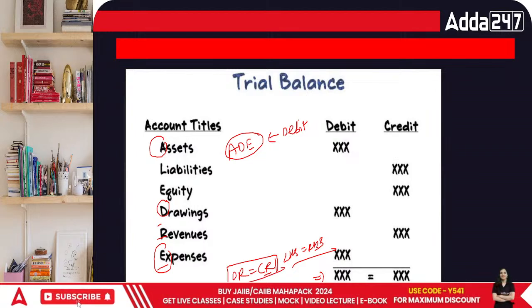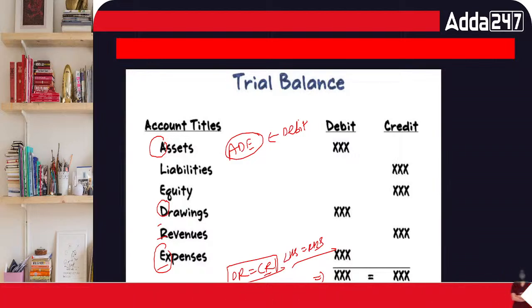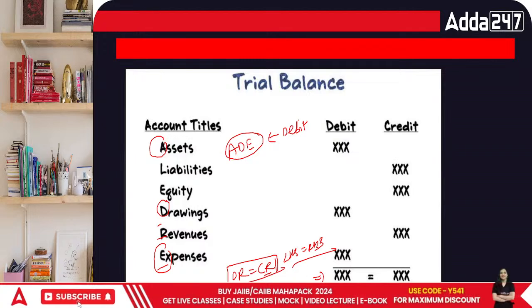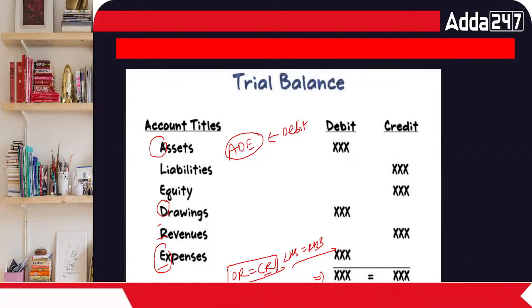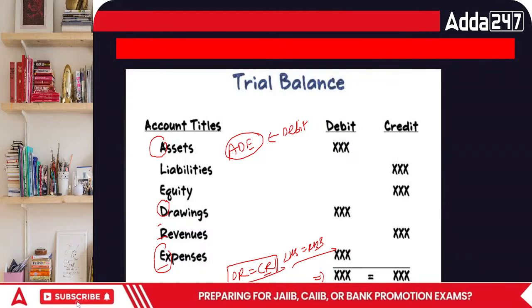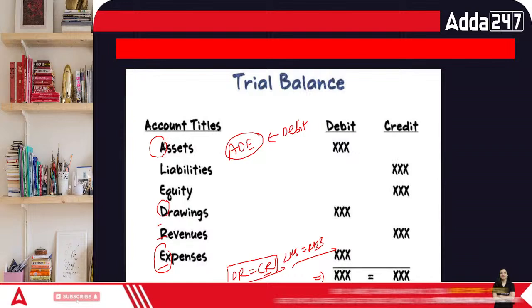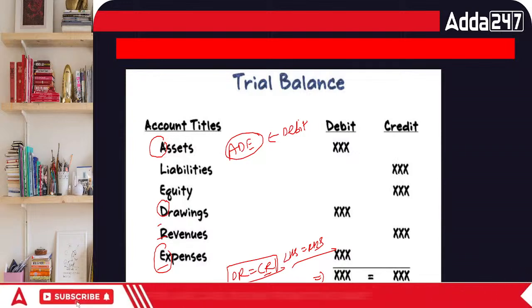Arithmetical accuracy here means only the plus minus in terms of ledger. You cannot find out if there's any audit based mistake, or any other mistake for that matter, because till the time you are just focusing on your balances in the ledger, you are not focusing on the entire journal entry. You are not focusing on anything else for that matter, hai na?